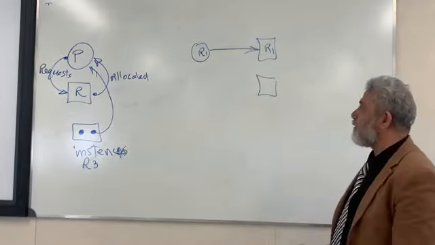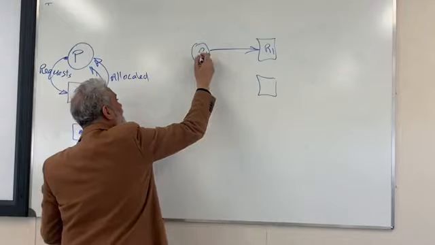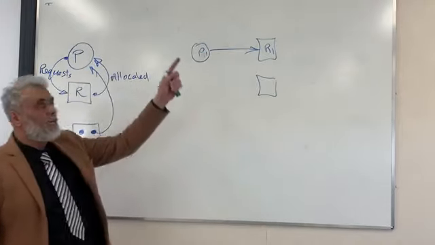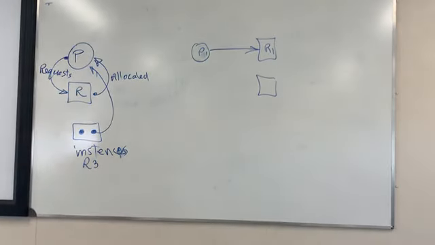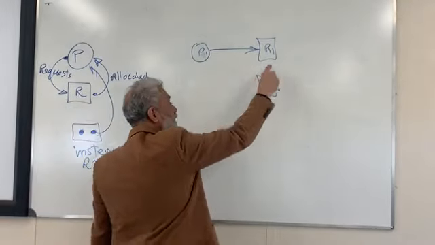So process number 1 is pointing at resource 1. How can you read that? When you read it, what do you say? Requesting. Yeah, read it as a full sentence. Process 1 is requesting resource 1.